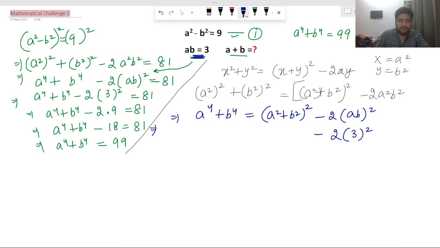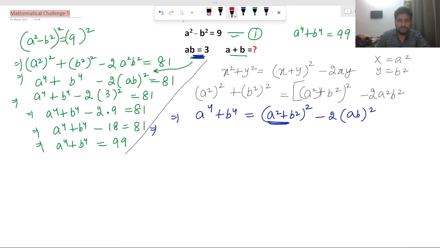Now we are going to simplify this one. Or if we don't solve this, let me just take it back to a previous step. I have something else in my mind.